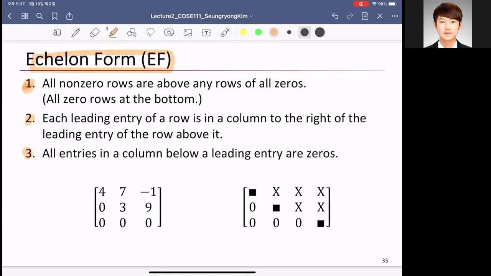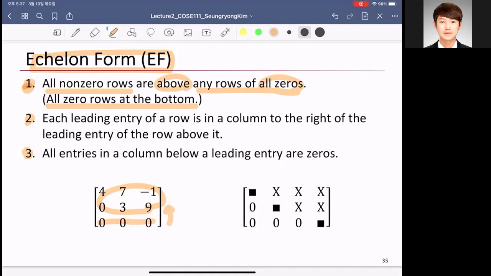First of all, all non-zero rows are above any rows of all zeros. In other words, all-zero rows are at the bottom. So for example, this is a zero row, right? And all non-zero rows are above any rows of all zeros, right? So this is the first statement, right?